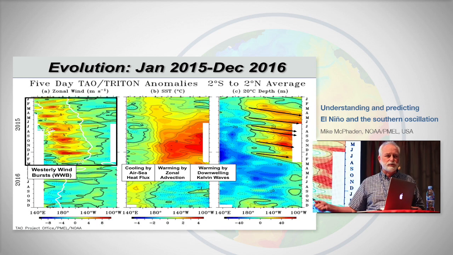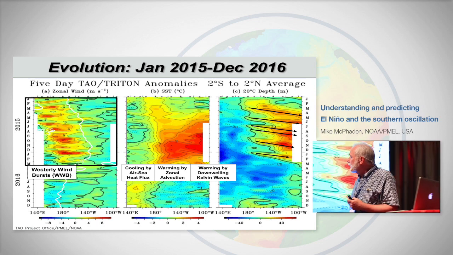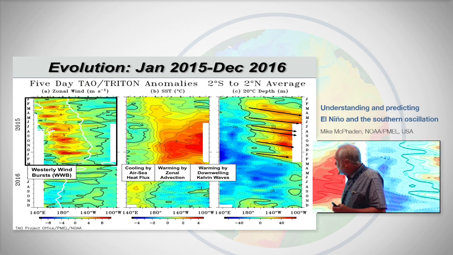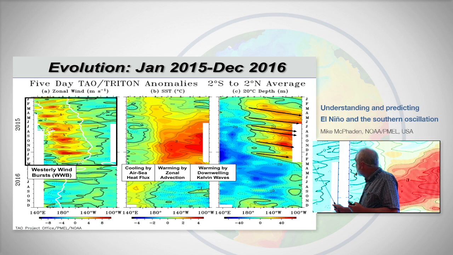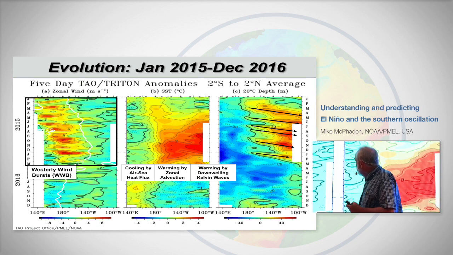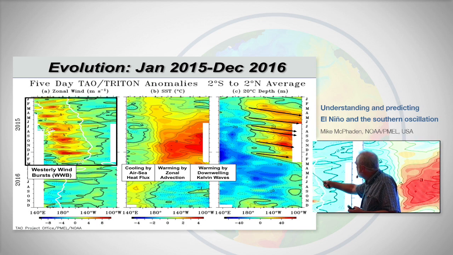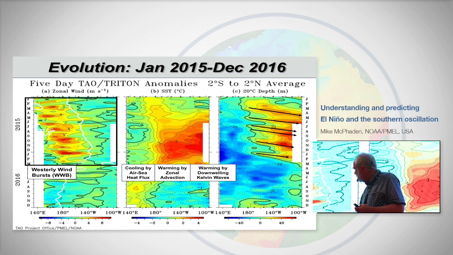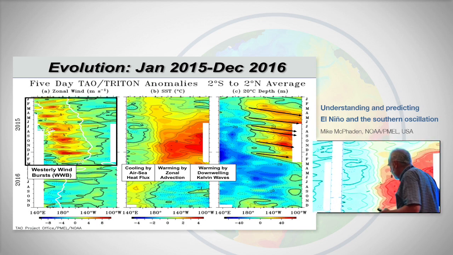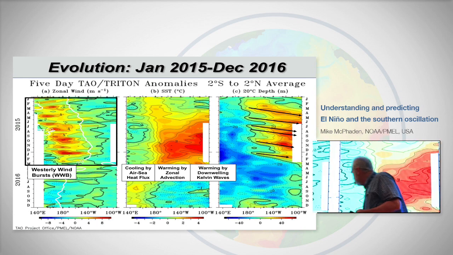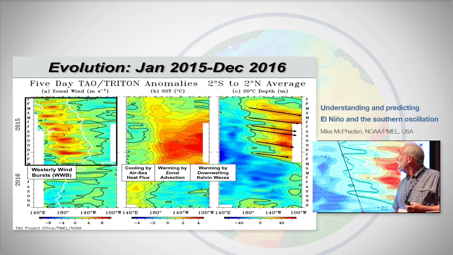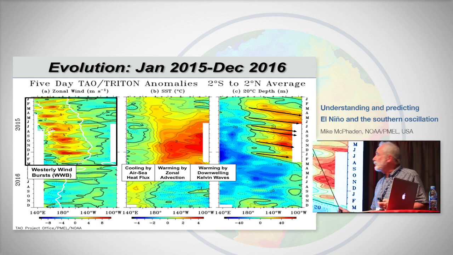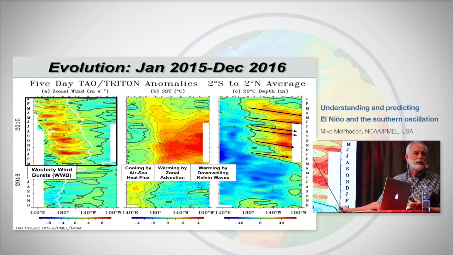You would not be able to get this from a ship, and you would not be able to get it from other kinds of measurement platforms that do not sample as frequently as moorings. So time runs down, January 2015 to December 2016. This is distance along the equator. Zonal wind anomalies, sea surface temperature anomalies, and depth of the thermocline as measured by the 20-degree isotherm.